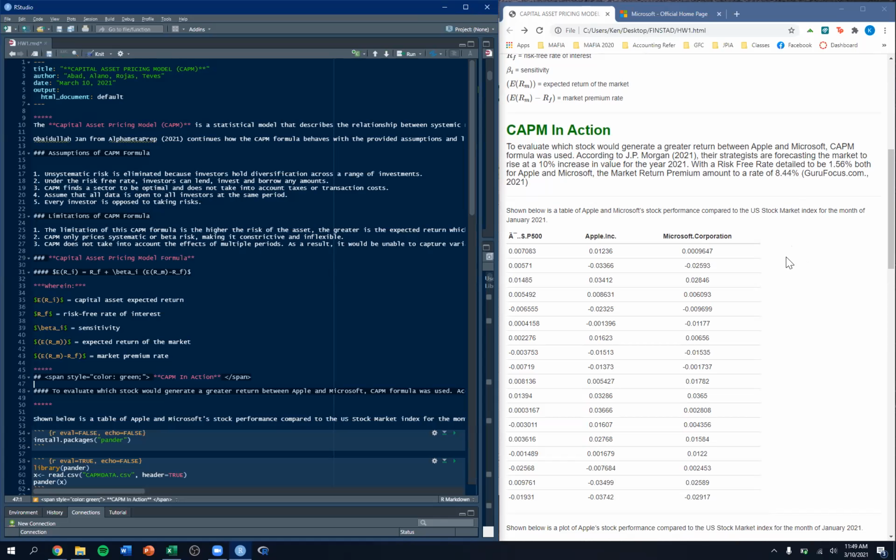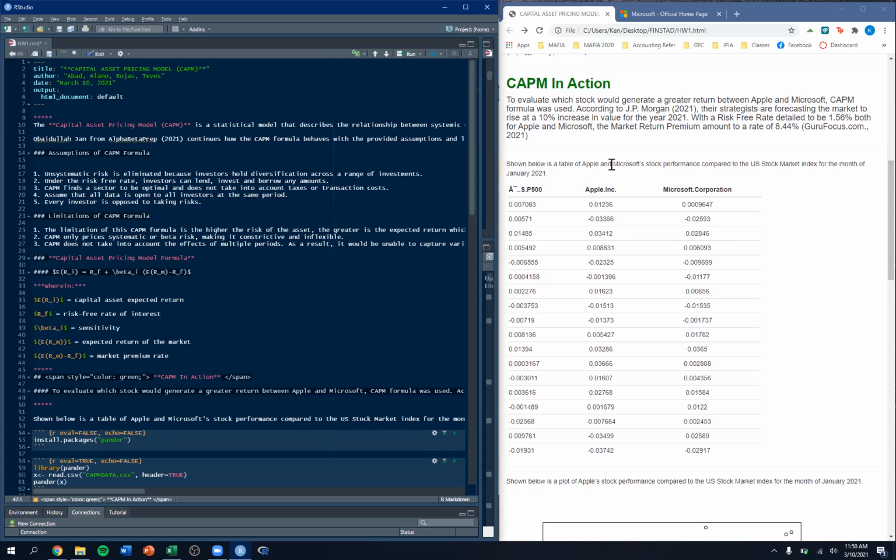With a risk-free rate of 1.56% for both Apple and Microsoft, the market return premium amounts to a rate of 8.44%. That's from gurufocus.com 2021. Shown below is a table of Apple and Microsoft stock performance compared to the US stock market index for the month of January 2021. These are the adjusted returns from each stock price.